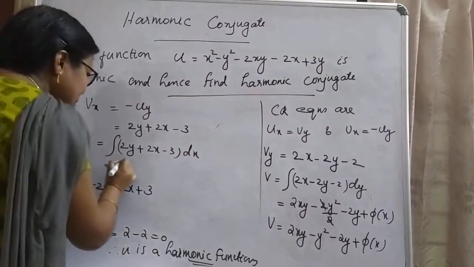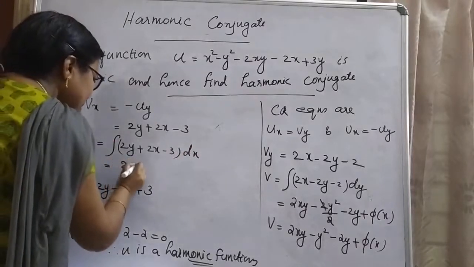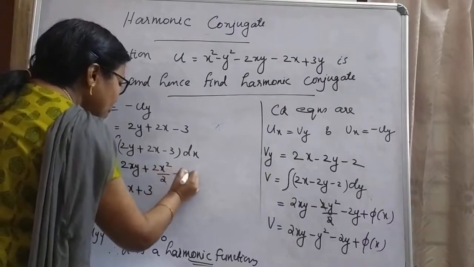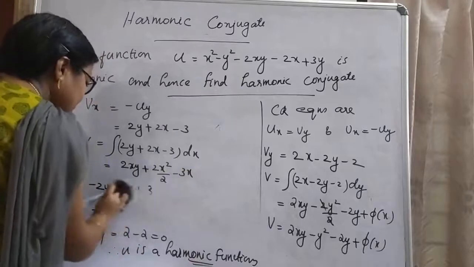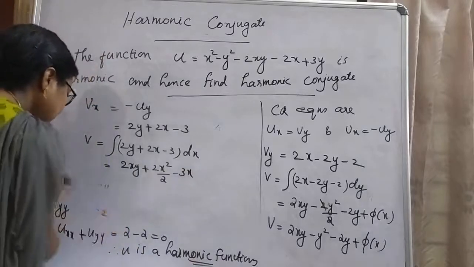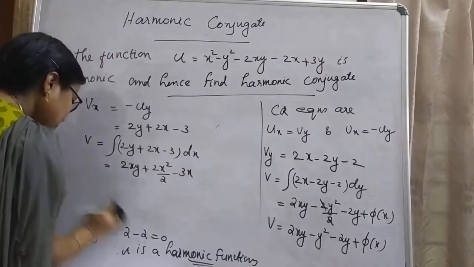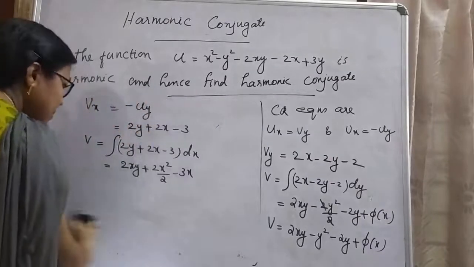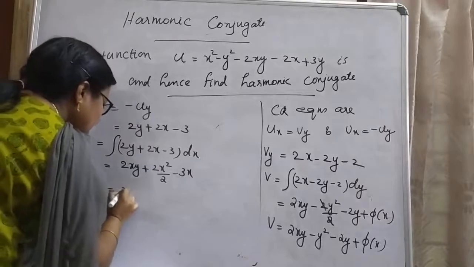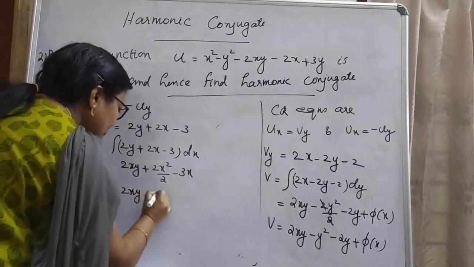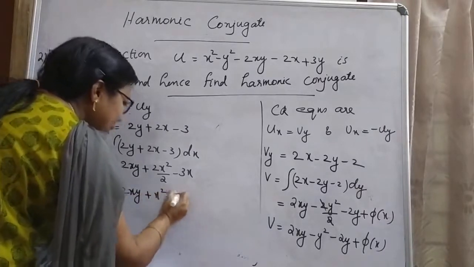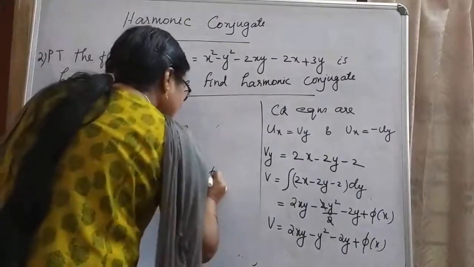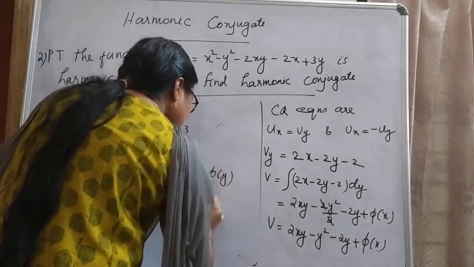Therefore, we get 2xy plus 2x square by 2 minus 3x, which is 2xy plus x square minus 3x plus a constant of integration, which is phi of y.